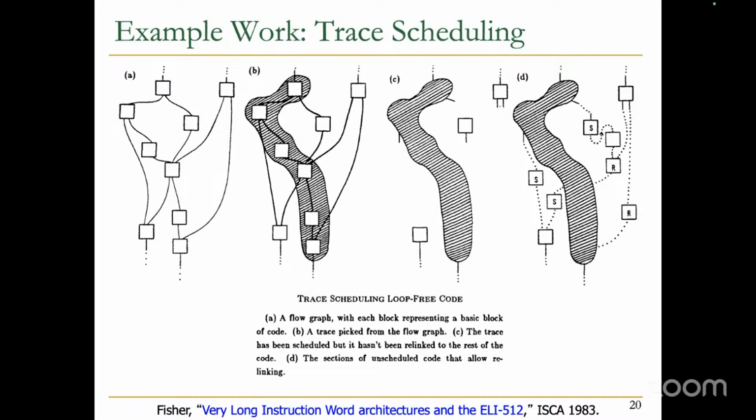You optimize the code and you do some things that would be incorrect if you actually got out of this control flow graph in dynamic execution, and you make up code for it. Essentially, you optimize the code as if this is going to execute in unison, but you also add exceptions. If that's not the case in dynamic execution, you take the branch outside, for example, and you add some makeup code that undoes things that you did because you thought the code was going to execute in unison.